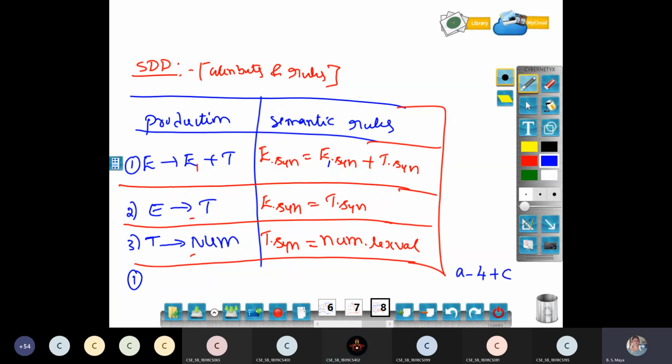Assuming a suitable STD, construct an annotated parse tree for the given expression.